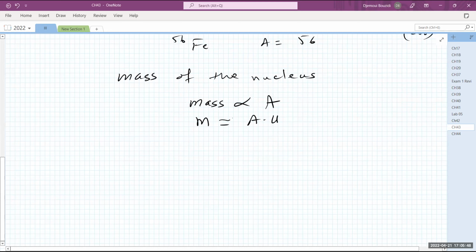The volume now, if it is a spherical shape, and I wrote it already as a spherical shape, should be 4 pi over 3 times the radius cubed.